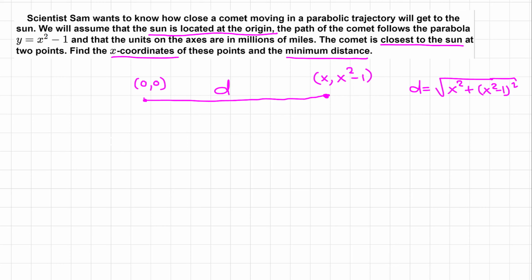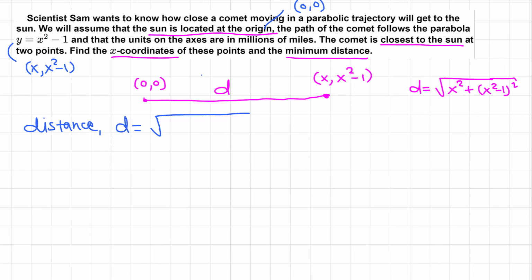So here is the actual work. I would start with the distance. Let's say d is the square root of, from this one we can write x, y, which is x squared minus 1, and origin means 0, 0. Now x minus 0 quantity squared, which is x squared, plus this one minus 0 squared. This is the distance formula. We can simplify inside.